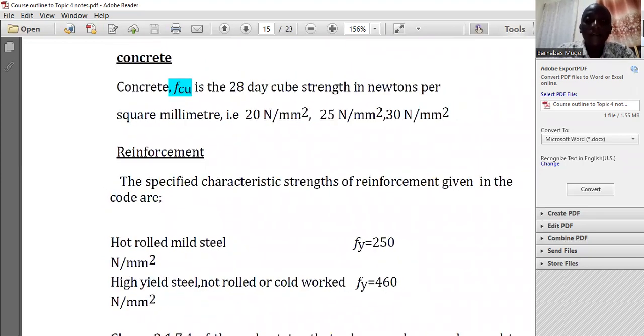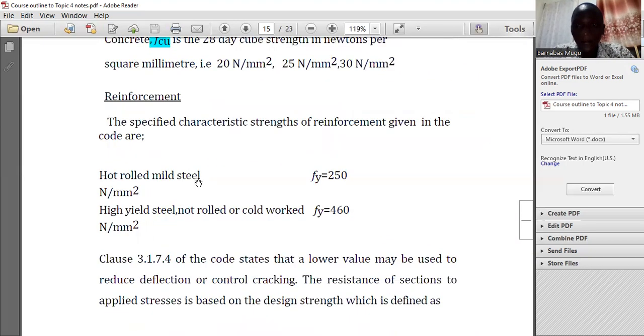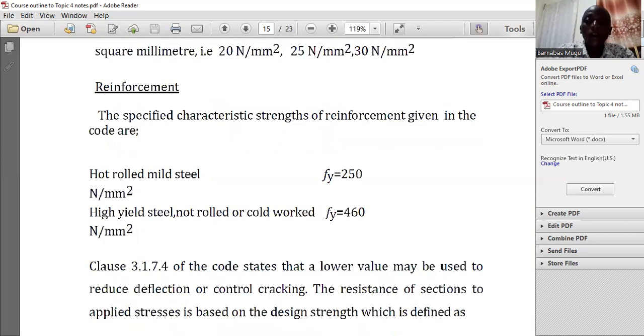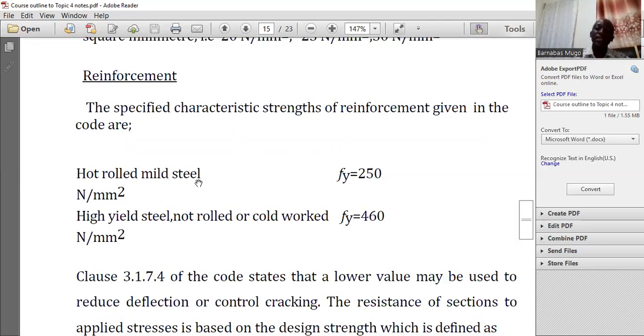Then we have the reinforcement part of the reinforced concrete. It can have Fy of 250 or Fy of 460, and this is dependent on the way that reinforcement has been prepared.